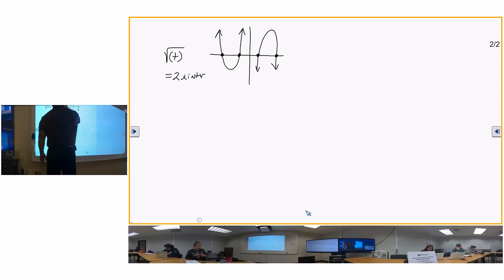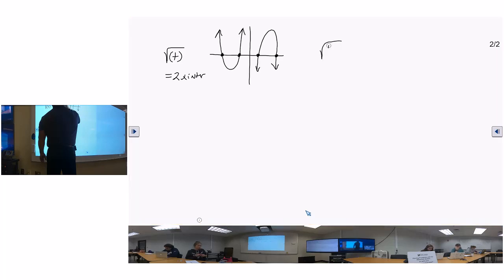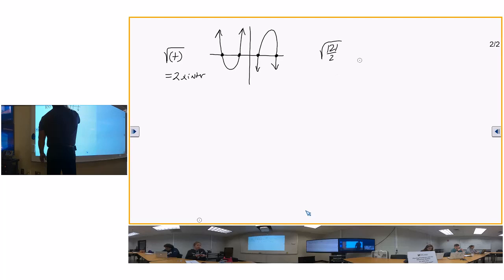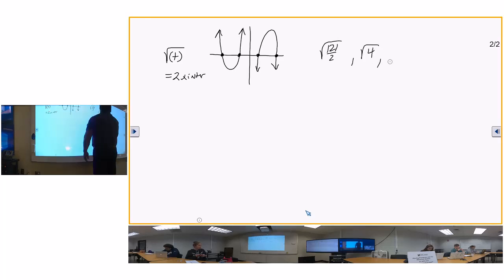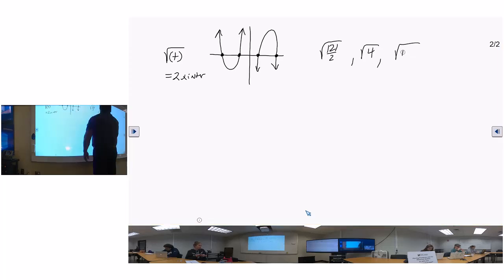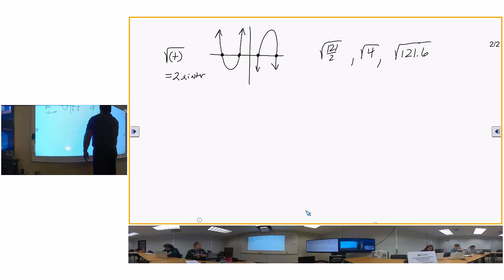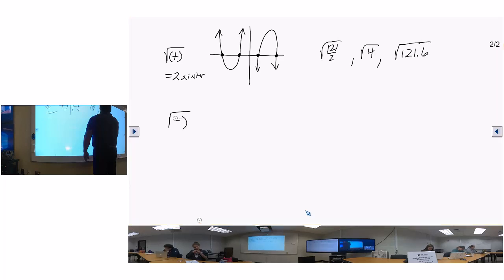So the square root of 121 over 2, the square root of 4, the square root of 121.6. If you get the square root of a positive number, that means that you have two x-intercepts, and you need to find those two x-intercepts. Okay? If I have the square root of a negative number, that means that your parabola is basically floating.